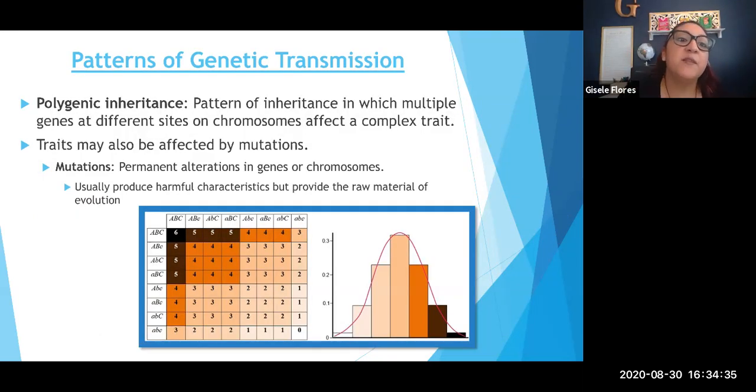There's also something called polygenic inheritance. This is when multiple genes, but at different sites of the chromosome, affect a complex trait.